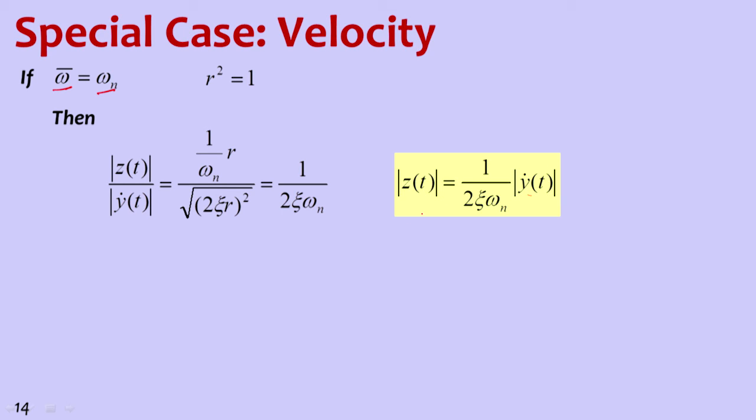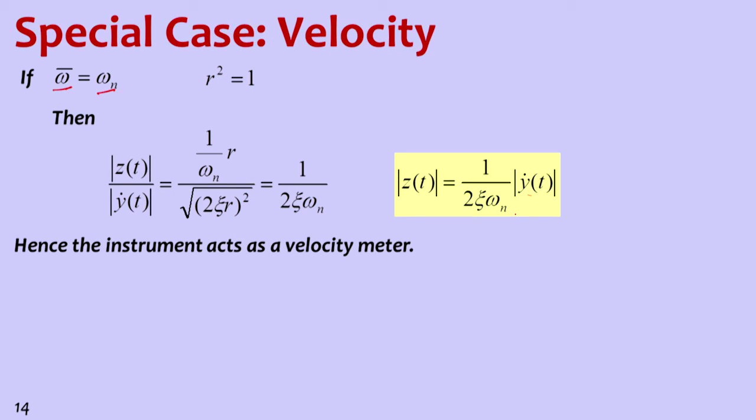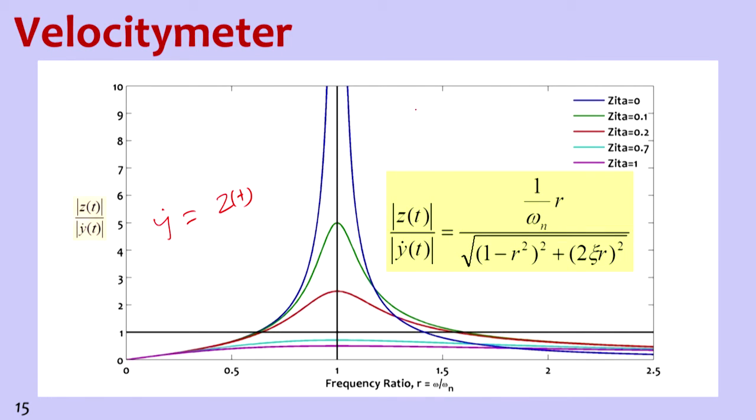So y dot is equal to z multiplied by 2 zeta omega n. We know the zeta value, we know the omega n value, and we are anyway measuring z. So we get velocity. Hence this is called a velocity meter.